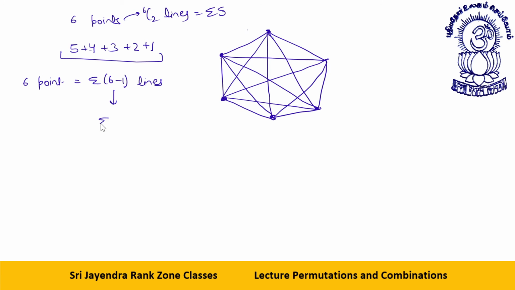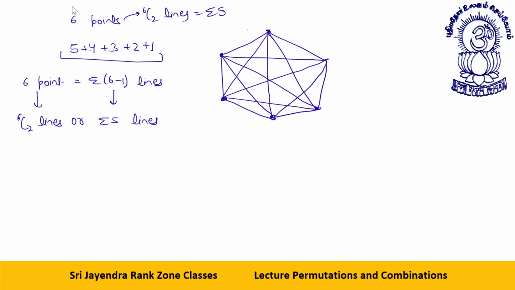Summation 6 minus 1 means summation 5 lines, or 6C2 lines.